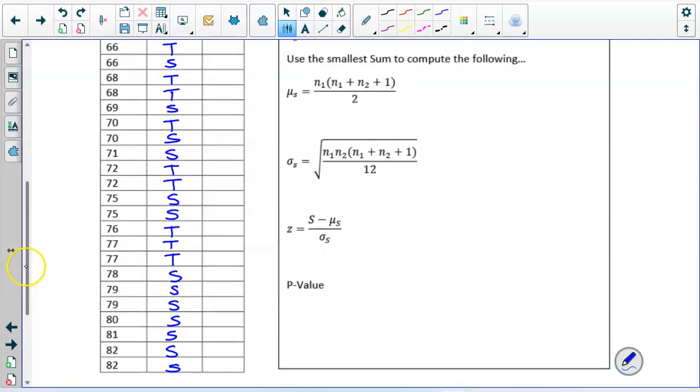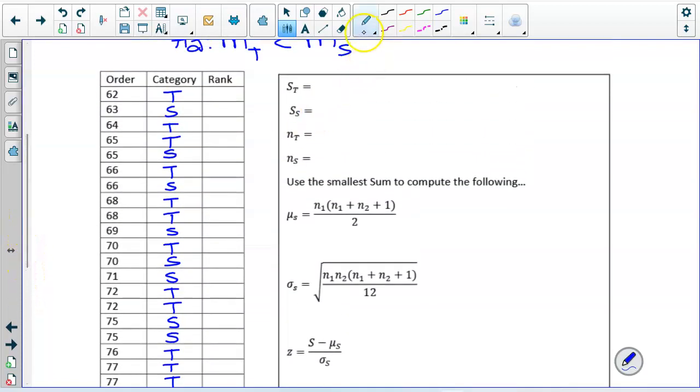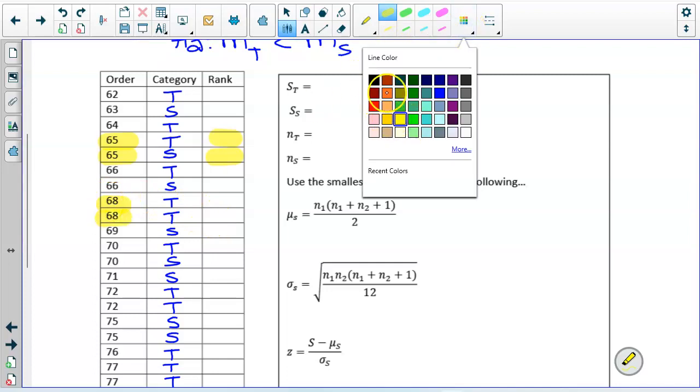Everybody good? All right, now I do want to point out you don't have to do this again though, I just have to do what works for my brain. When I had 65 right here, and then I had 66 right here with it, I didn't highlight that the same color because then I felt like I would add all those ranks. Do you see how many in a row are the same? So I actually switched colors.